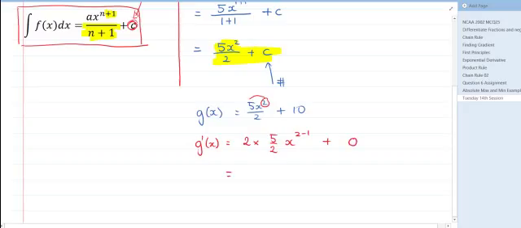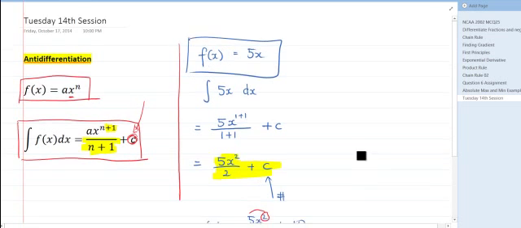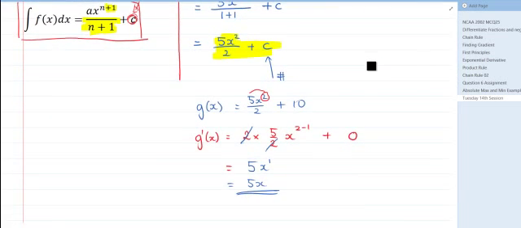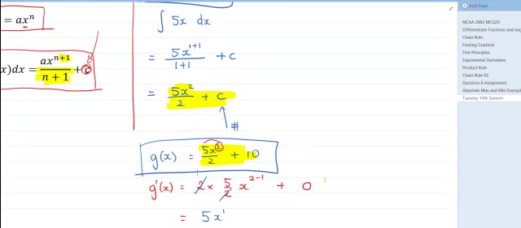And this now gives you, and you notice 2 times 5 on 2, which is like saying 2 times 2.5, is actually equal to 5x, and then 2 minus 1, which is 1, and plus 0. And conveniently, this is actually the problem that I just gave you up here. So notice what you've done here, this is your original function, right here. The derivative gives you this, the derivative.